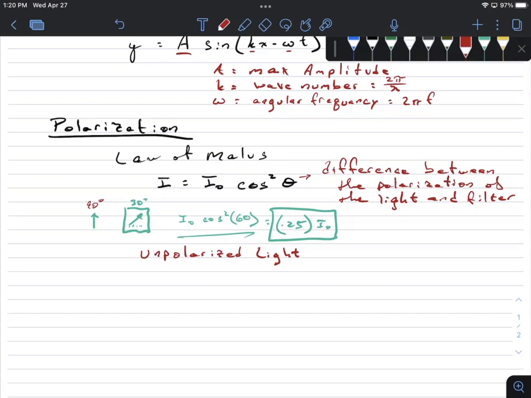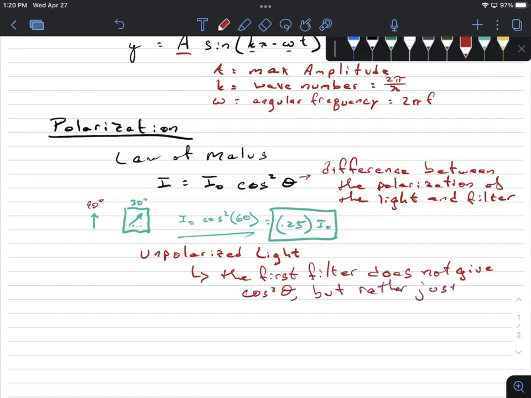Sometimes it's up, sometimes it's horizontal, sometimes it's at 71.5 degrees, whatever, it's all random. And so if I start with this unpolarized light and I'm trying to go through a filter, how do I handle that? And remember, what we do is the first filter does not give cosine squared theta, but rather just 1/2.